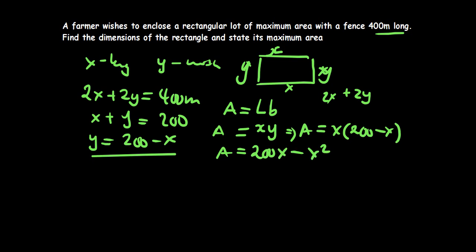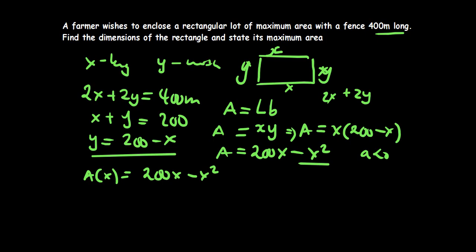So from here we have a function in terms of x, and we can complete the square on this function. We have a negative, so our a is -1, and our a is less than 0, so we are sure we're going to have a maximum turning point.